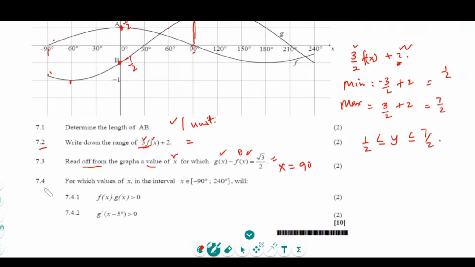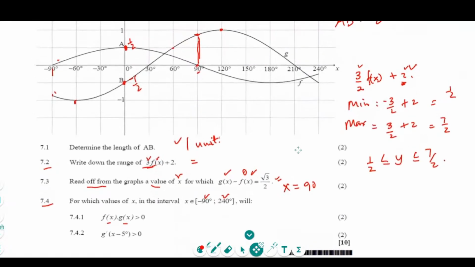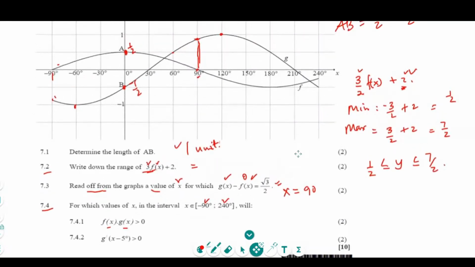Then 7.4, for which values of x in the interval between this and this? Okay, do we find the f of x times g of x being greater than 0, which means we need a section where both graphs will give us positive values, because positive and positive, we get a positive number that's greater than 0, or negative and negative to give us a positive answer.